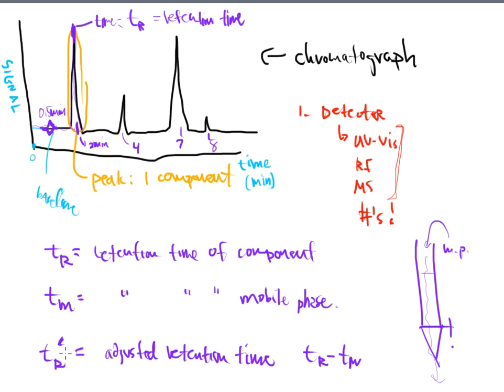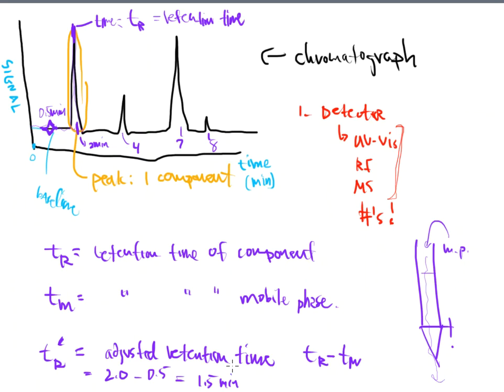How long was it actually held up? That's the number that I want to look for. I would take those two and I subtract them. I would do 2 minutes for my component minus a half minute for the mobile phase, if that's what shows up on the chromatogram, and my adjusted retention time would be 1.5 minutes.